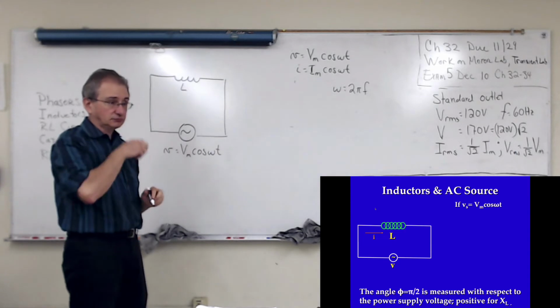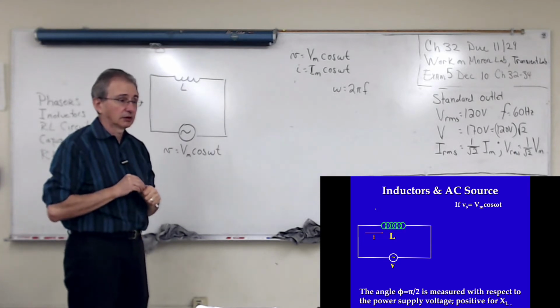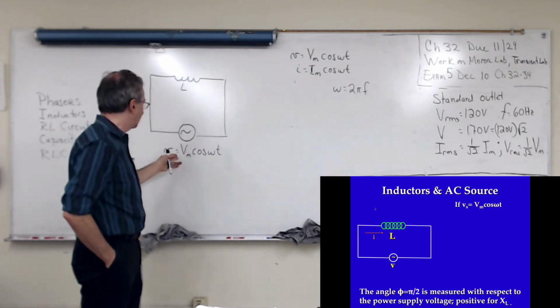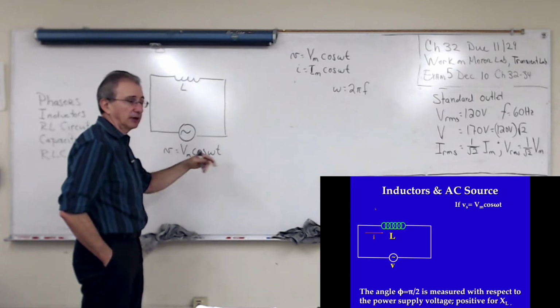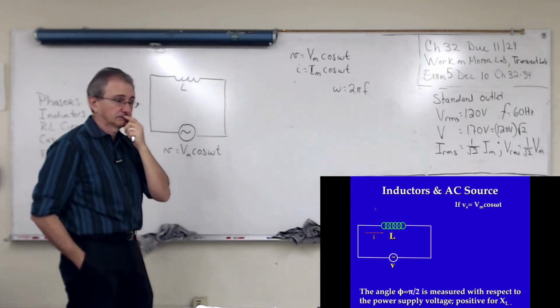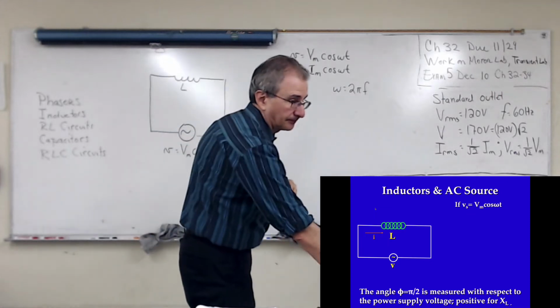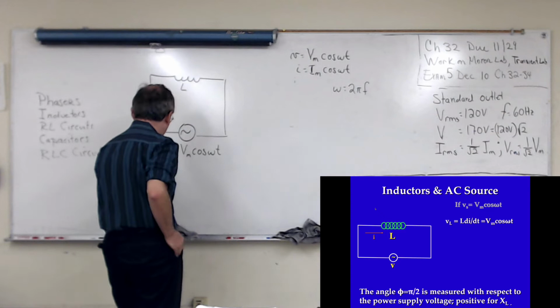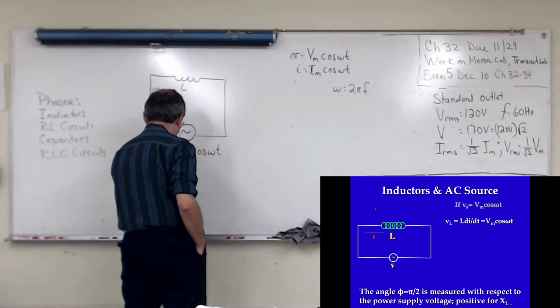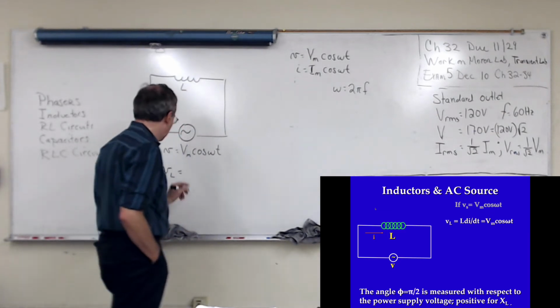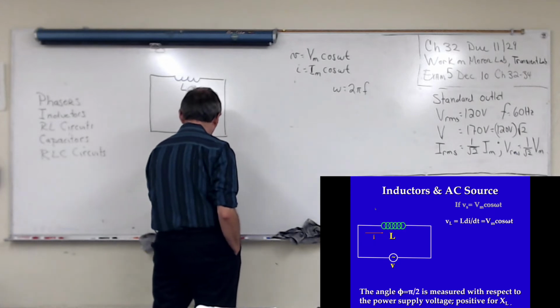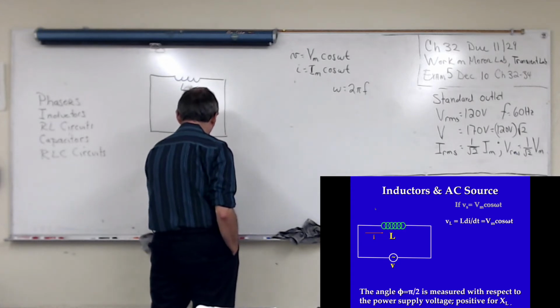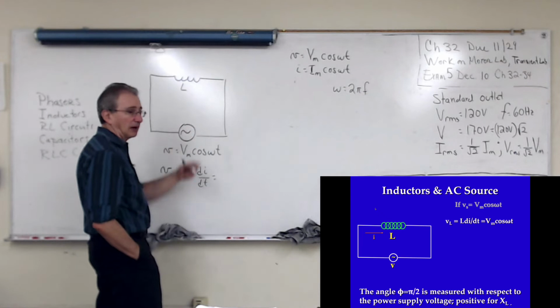Okay. So we're given that the power supply voltage is V sub m cosine omega t. And the voltage across the inductor is L di over dt. But that's got to be equal to the power supply voltage.